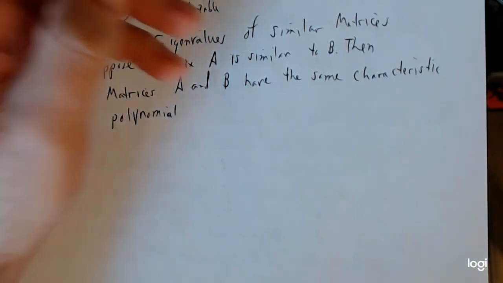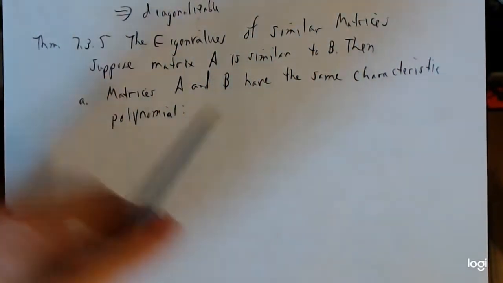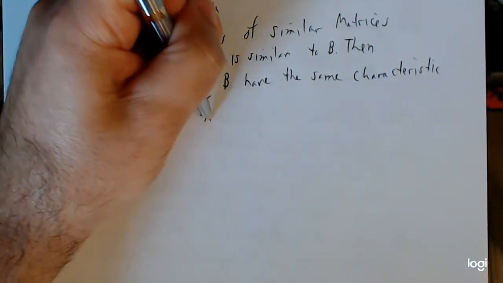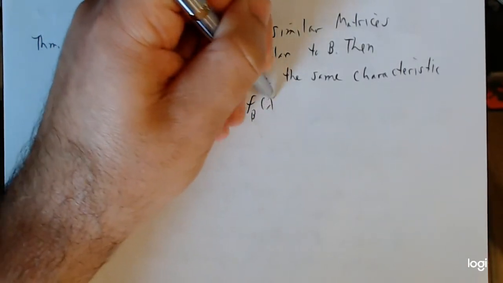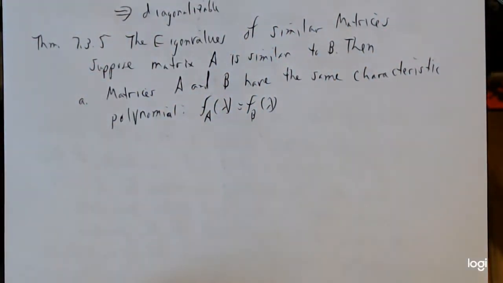So what are we basically saying? If A and B are similar, then if you were to find the characteristic polynomial of A and the characteristic polynomial of B, you would notice that they're exactly the same thing.